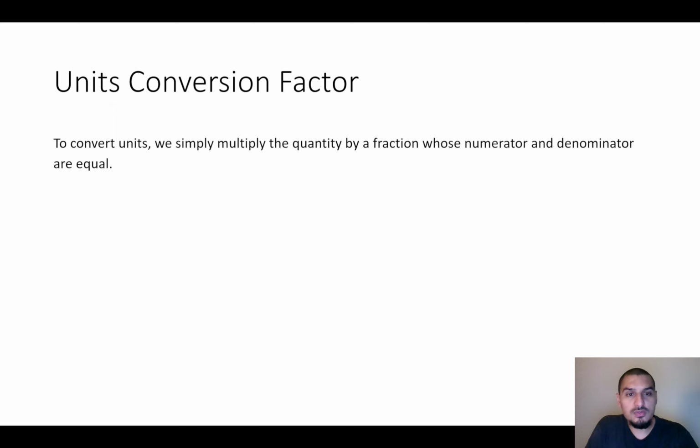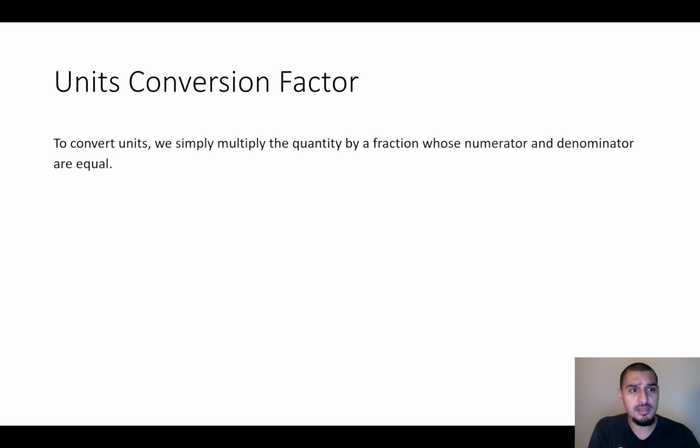So what we are going to do is multiply this quantity that we have by a fraction whose numerator and denominator are equal. And this is a very important thing, and I want to stress this because it will be important to grasp here, and especially for the next video inshallah.